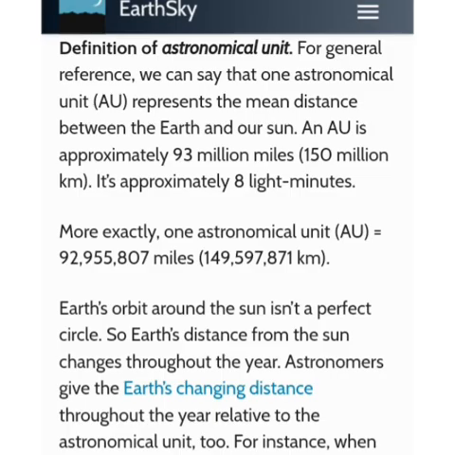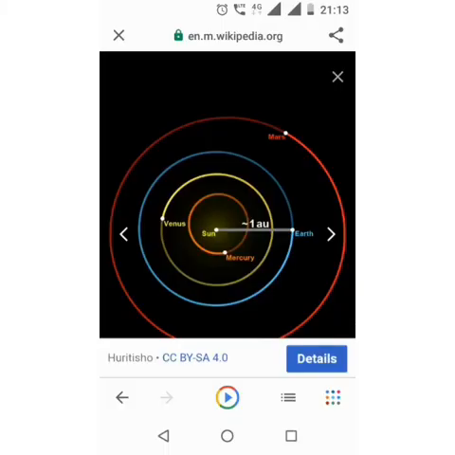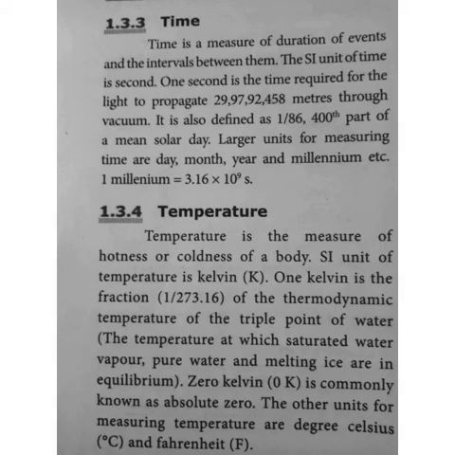This is called the astronomical unit. See the picture of the sun and the earth: the distance is called 1 astronomical unit. AU means astronomical unit. So we can measure the distance between the sun and the earth.